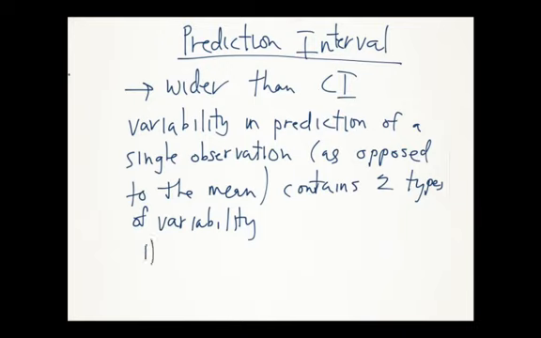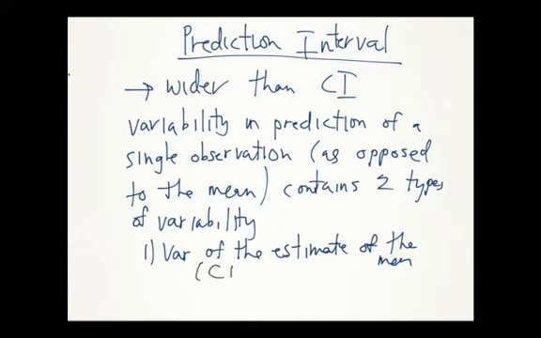One is the variability of the estimate of the mean, which comes through in the confidence interval.